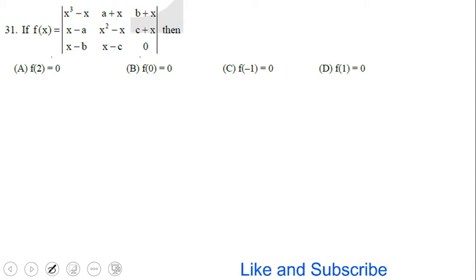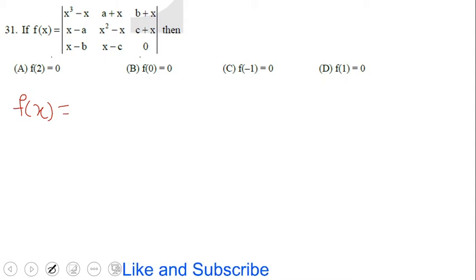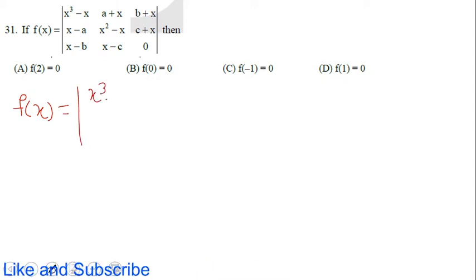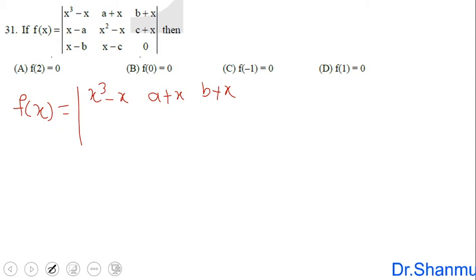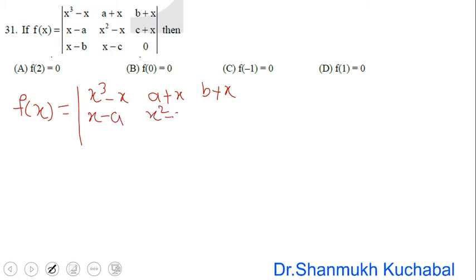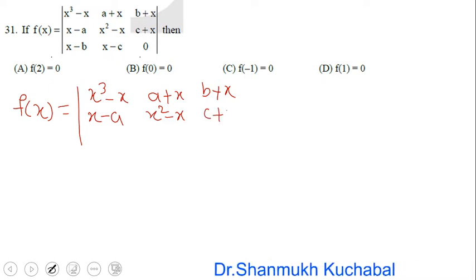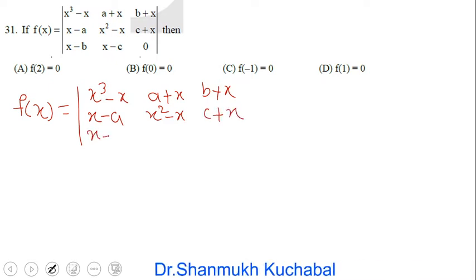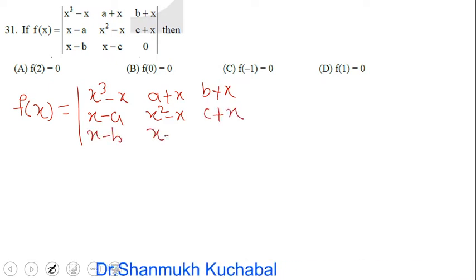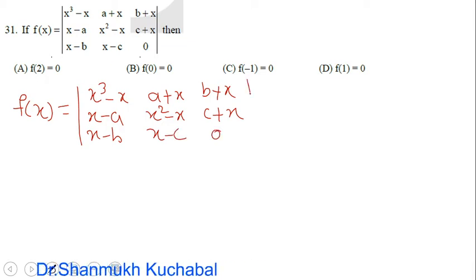So determinant is f of x equal to x cube minus x, a plus x, b plus x. Next x minus a, x square minus x, c plus x minus b, x minus c, then 0.